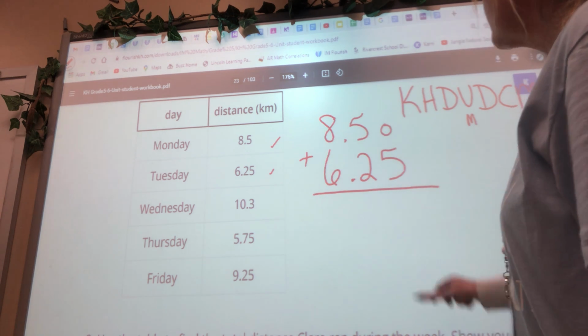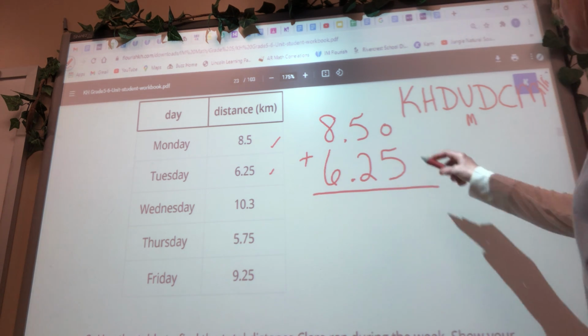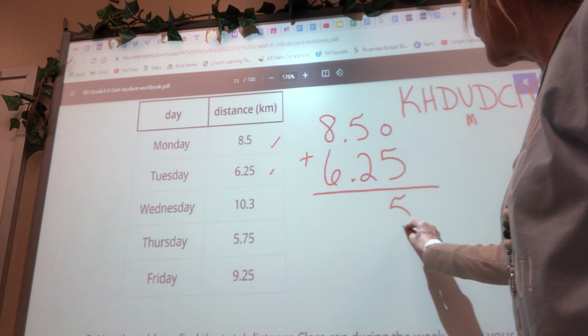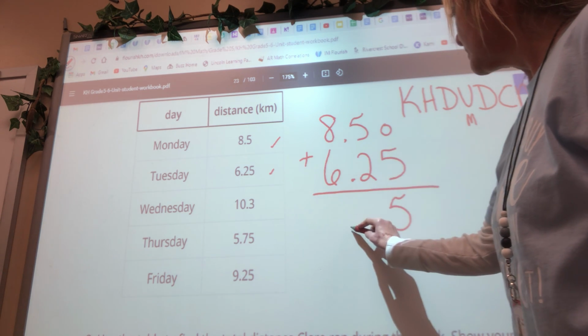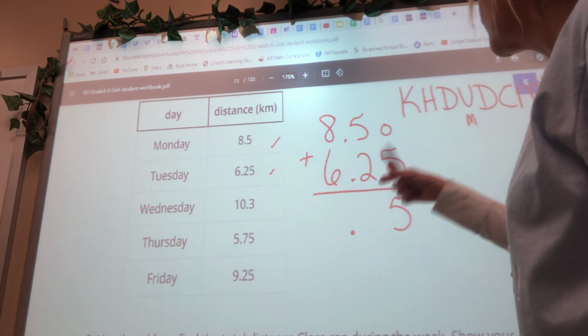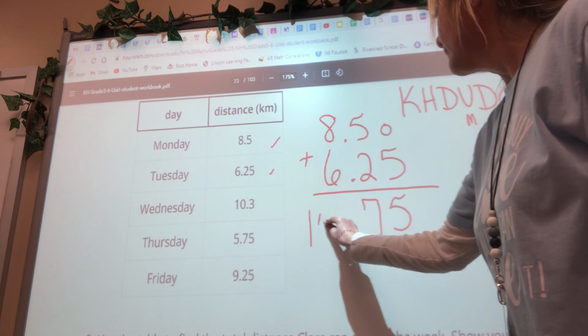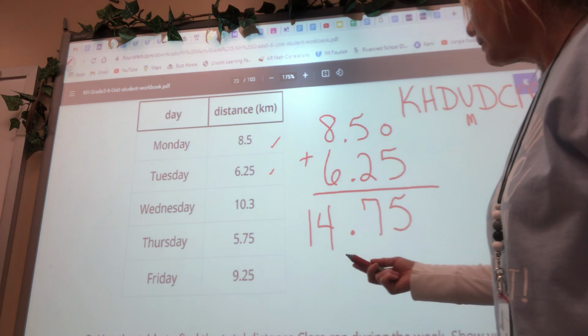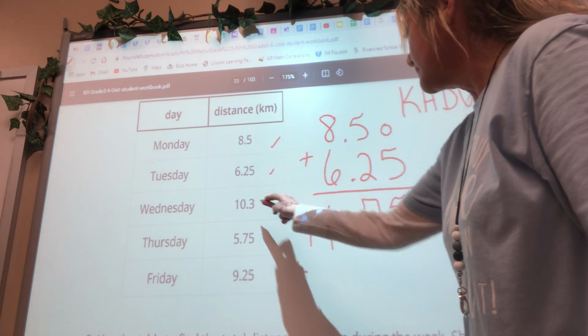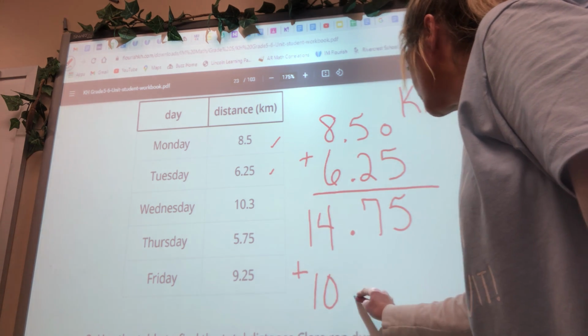We can placeholder 0 here. So we have 0 plus 5 is 5. We know we got to bring that decimal straight down because we're adding. 5 plus 2 is 7, and 8 plus 6 is 14. So now I add my next number. My next number is 10.3.